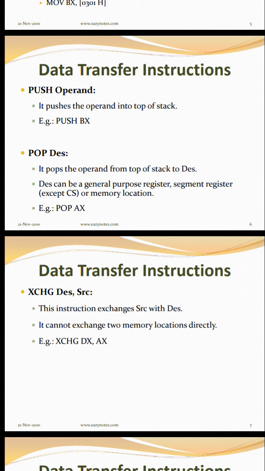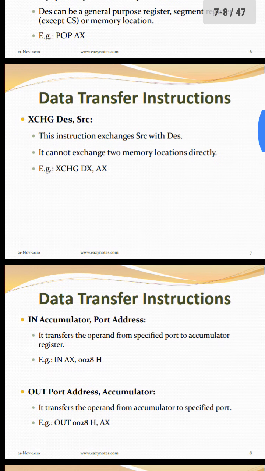POP DES means pop destination. Whatever data is at the location the stack pointer points to is popped out and stored in the specified destination, a register or any memory location. The next instruction is XCHG destination comma source.